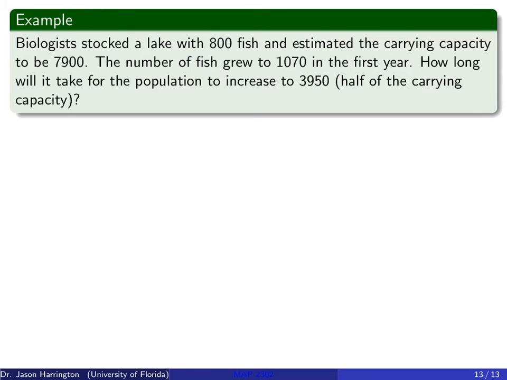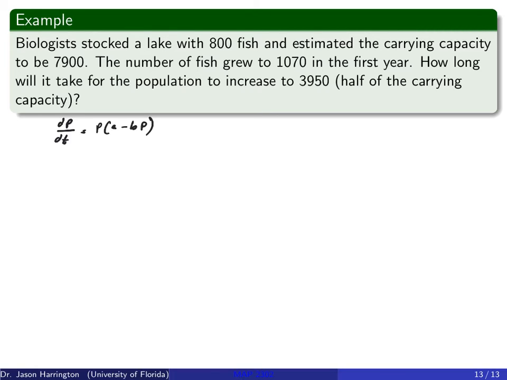So here's an example. Biologists stocked a lake with 800 fish and estimated the carrying capacity to be 79,000. The number of fish grew to 1,070 in the first year. How long will it take for the population to increase to 3,950? Okay, so here's what you do. We know that we're going to have this model, dP/dt is equal to P times (a minus b P).